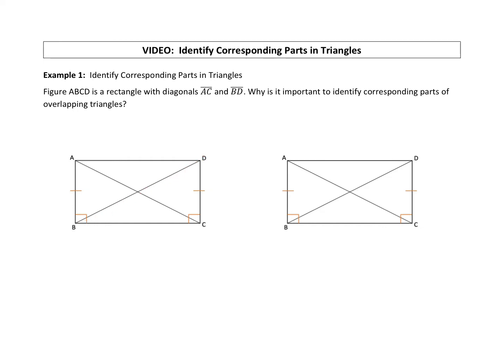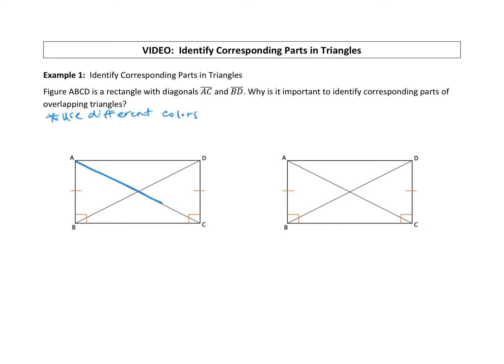Why is it important to identify corresponding parts of overlapping triangles? Let's take a look at these overlapping triangles. It is helpful to use different colors. So I'm going to identify one triangle in blue. I'm going to use that diagonal AC.